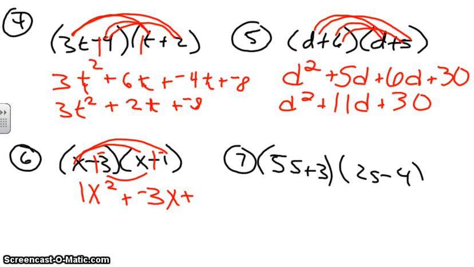I'm going to back you up so we can have a little bit of the same order we've been using. You did the first term. You did x times x and got x squared, right?